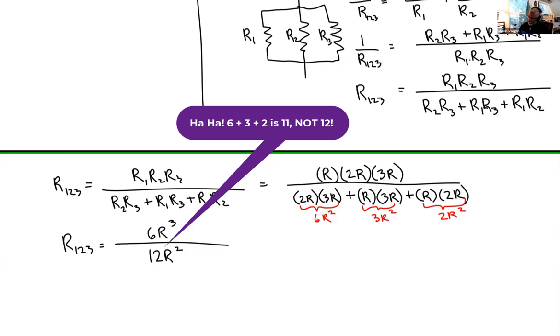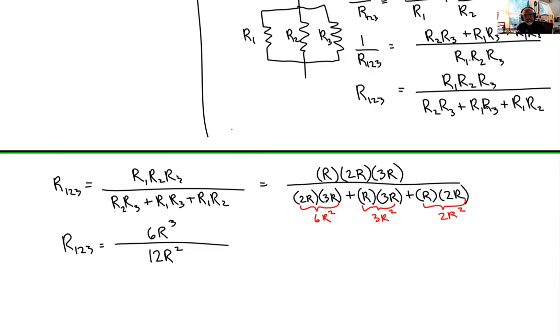So notice what this allows us to do. Look at how clean this is so far. This allows us to take 2 of the R's in the denominator, the R squared, and cancel with an R squared in the numerator.